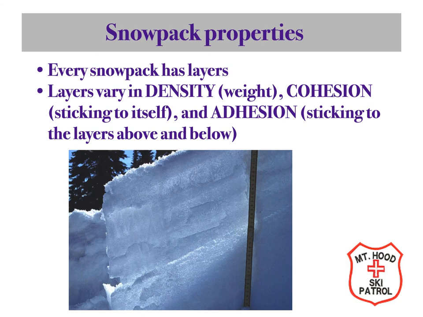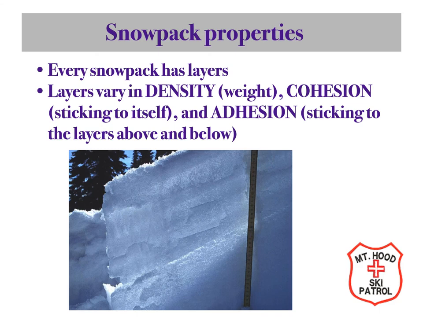Before we discuss characteristics of layers, it's important to understand two concepts: cohesion and adhesion. Cohesion is a measure of how well the ice grains within a layer are bonded to each other. Highly cohesive layers are well-defined slabs that will slide as a single unit. Adhesion is a measure of how well a layer sticks to the layers above and below it.